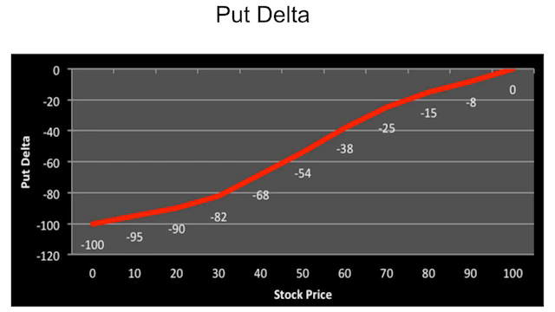Let's take eBay. If it decreased from $30 to $29, the value of an eBay put option will increase from $1.25 to $1.80, and the delta of the option is equal to minus 55.